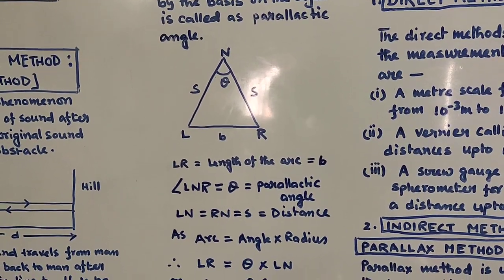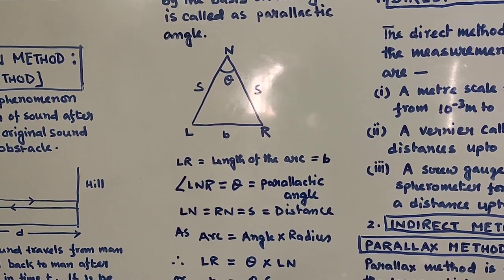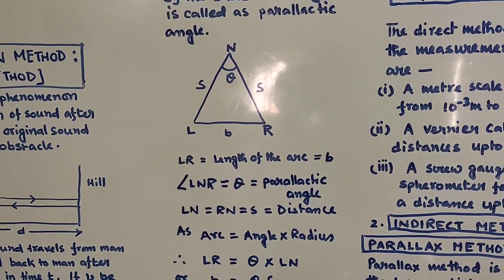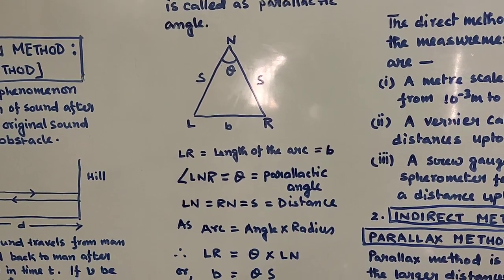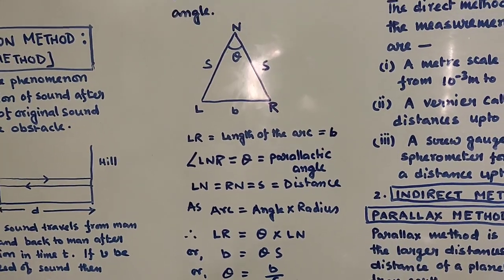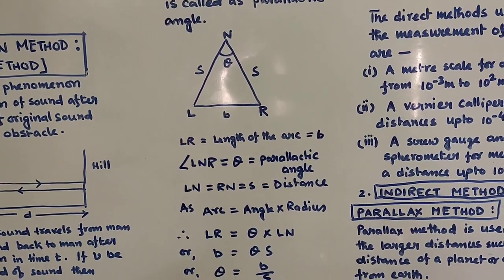Now we already know the formula, arc equal to angle into radius. So the arc is your LR, the angle is your theta, and the radius is your LN or RN. If you substitute, you get b equal to theta S.